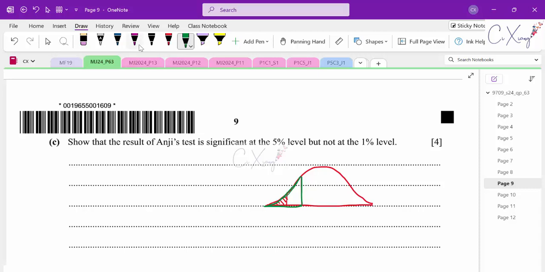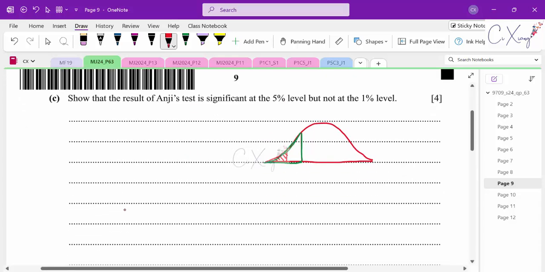Maybe before that we just try to run the test first. If I want to run the test, there are two ways that you can do it. Because this is normally distributed, maybe for us, we are using the critical value to compare. You can have a look here. The green color one is 0.05 and the red color one is 0.01.